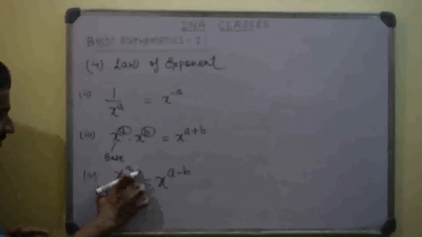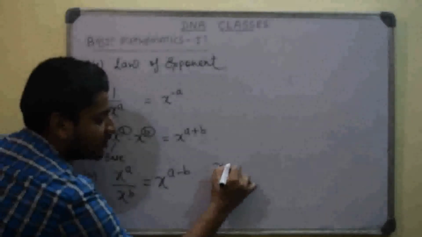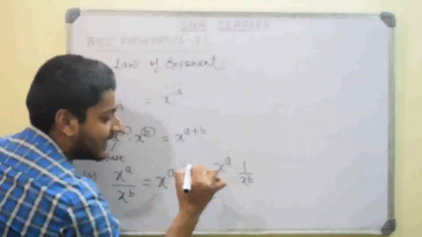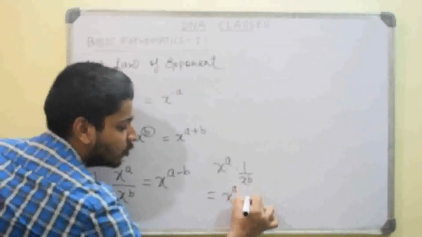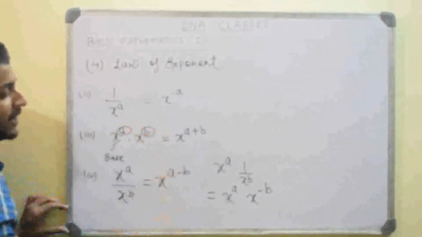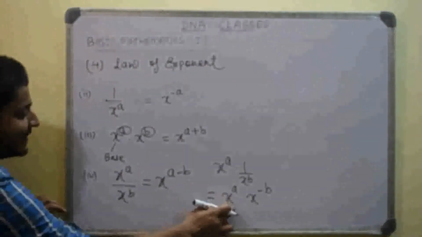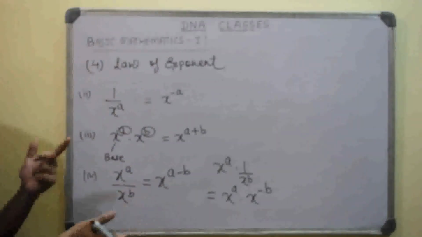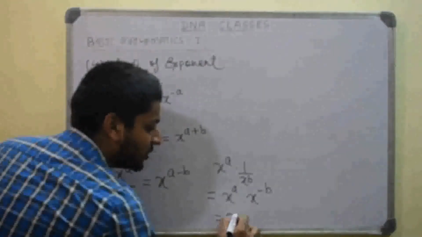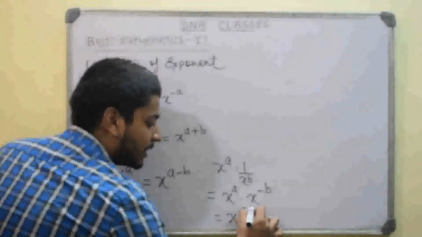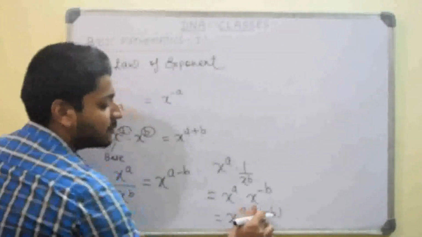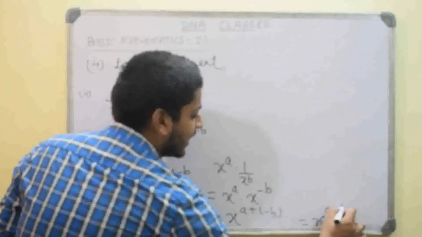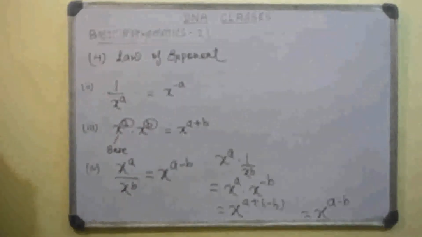Similarly, we can write this expression as x to the power a into 1 by x to the power b, which can be written as x to the power a into x to the power minus b. Now applying the third law, if the bases are the same, then the powers get added, so we can write it as x to the power a plus of minus b. As we know, plus into minus is minus, so we write x to the power a minus b.